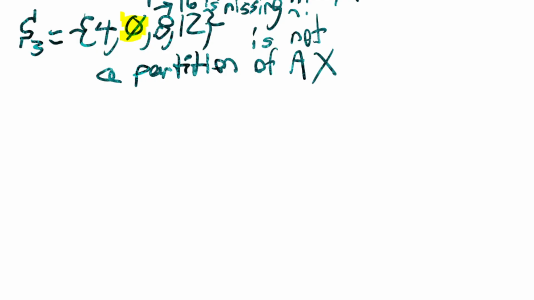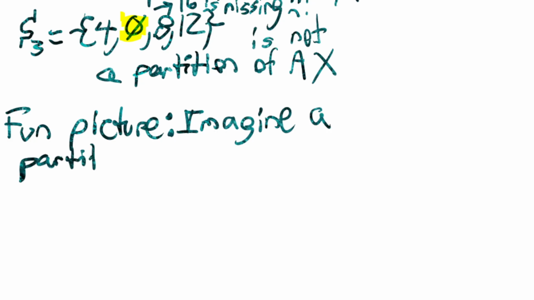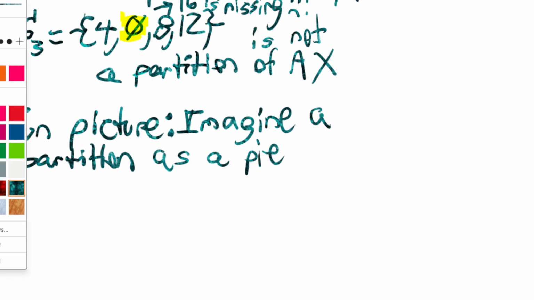So now let's look at a fun little picture here to describe partitions of a set. So imagine a partition as a pie. So we'll draw out a pie here.